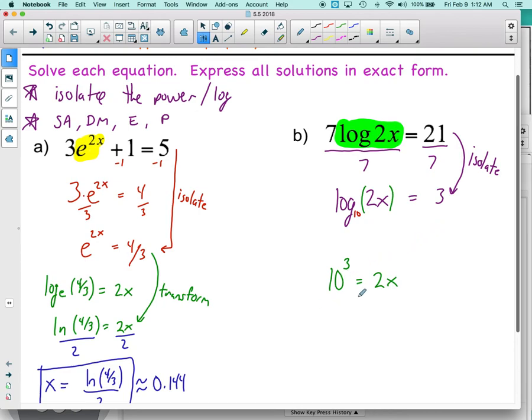Of course, 10 cubed is 1,000, equals 2x. So of course x is just 500. So it went from isolating the log to transforming the log into an exponential, and then we just finished solving with simple algebra from there.